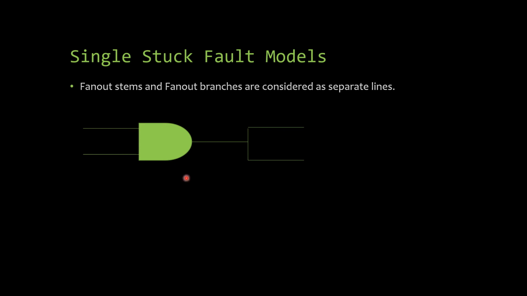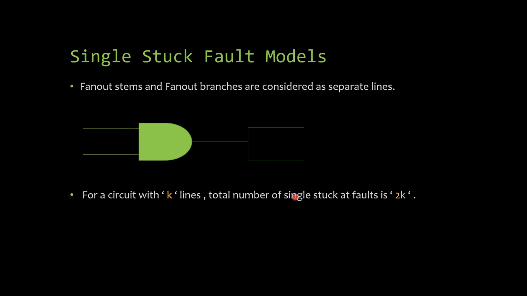Since in the SSF model fan-out stems and fan-out branches are considered as separate lines, we'll have fan-out lines 1, 2 and 3. So for a circuit with K lines, the total number of single stuck-at faults is 2K. This is an important point that you should note when dealing with the single stuck fault model.